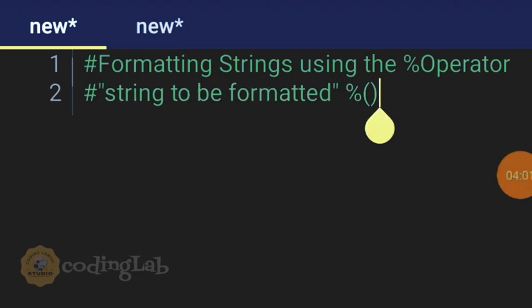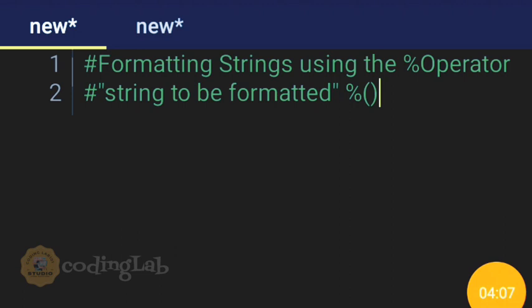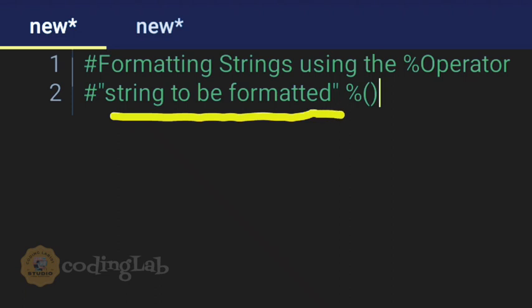We notice there are three parts in this formatting. The first part, we write the string to be formatted in quotes. Also followed by the percentage symbol, and finally we have a pair of brackets.